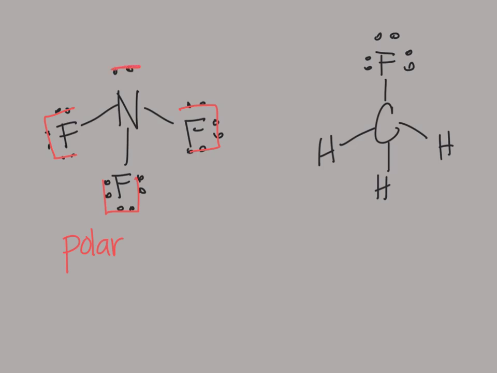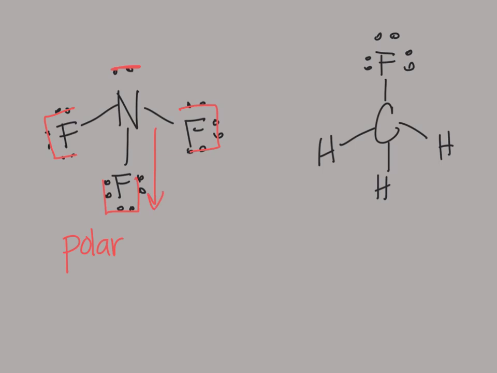Think of it as a tug of war where each fluorine has the power of 6 and the nitrogen has the power of 1, or 2. You're going to see a decidedly uneven tug of war, and this molecule pulls in a downward direction.